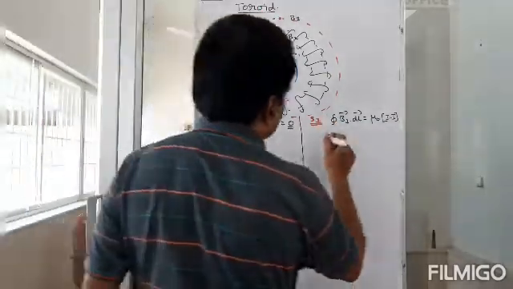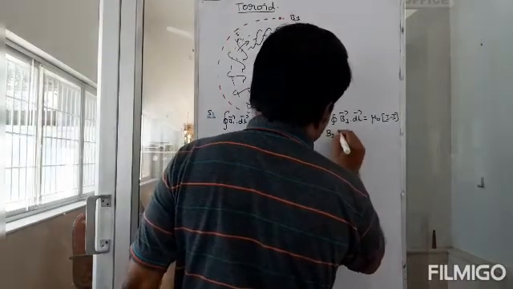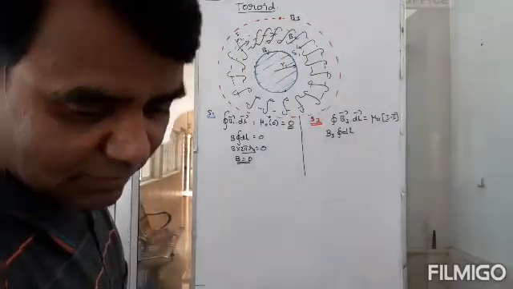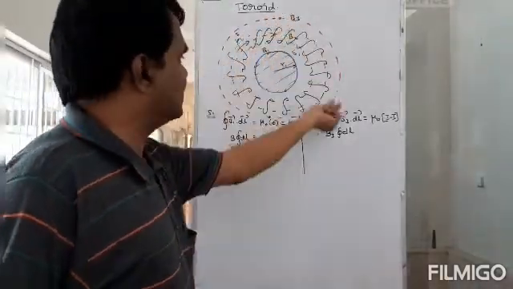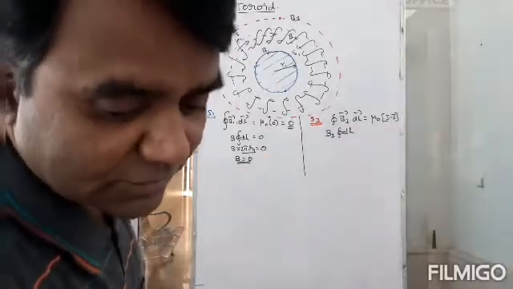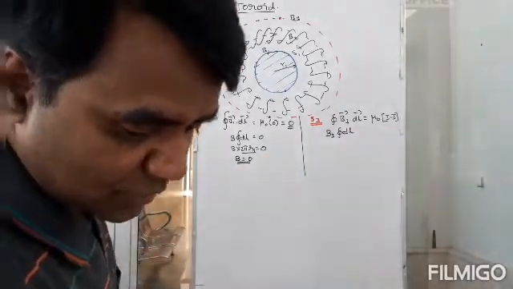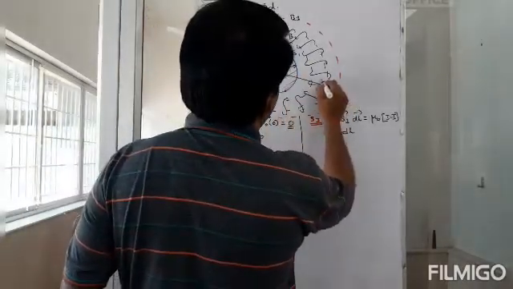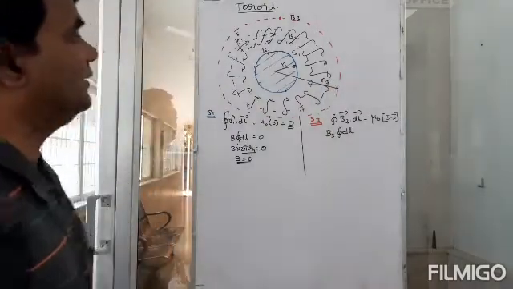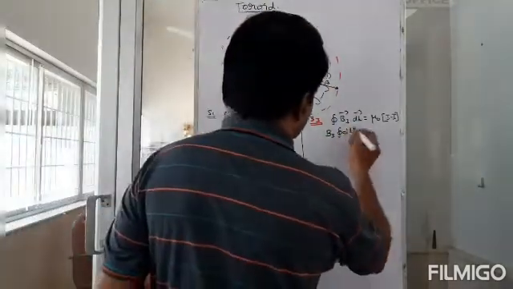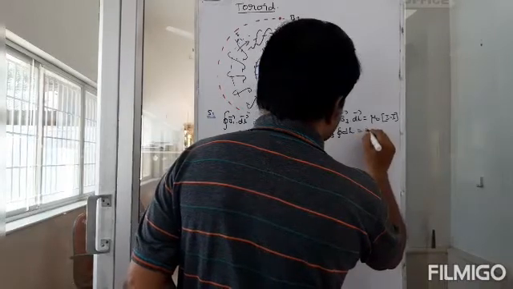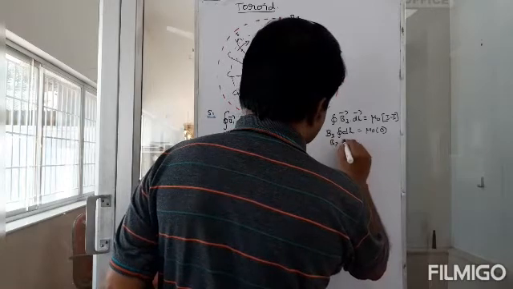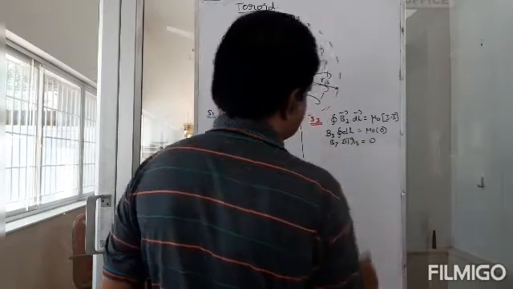So I can take B3 out, and then integral dl. In that case, we keep all these dl's, and finally that will result in the circumference of this circle. If this is R3, then what am I going to get? mu naught into 0. It is going to be B3 into 2 pi R3 is equal to 0.